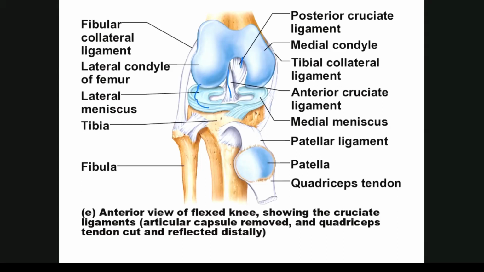Here are your condyles, lateral and medial condyles of the femur. And you can see how this cruciate ligament neatly covers up, gives a surface for these condyles to rest. Now we also can again see our fibular or lateral collateral ligament and our tibial or medial collateral ligament here.